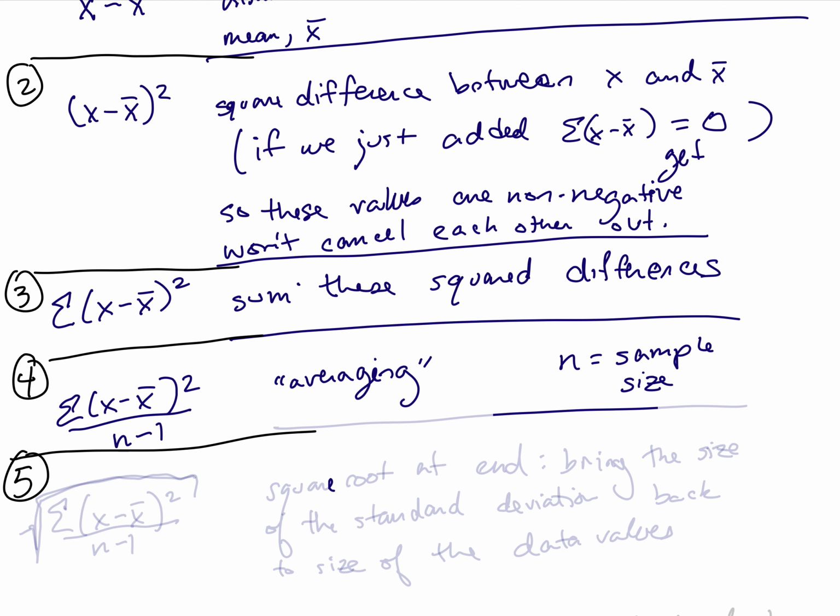And the very last step is to do the square root of the whole thing: the square root of the sum of x minus x bar squared divided by n minus 1. So all of this is inside of the square root.